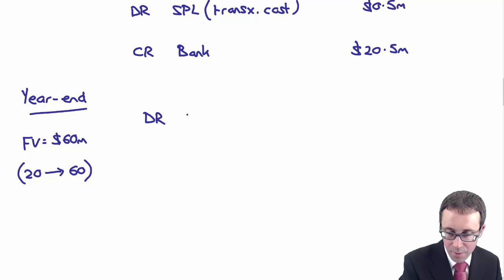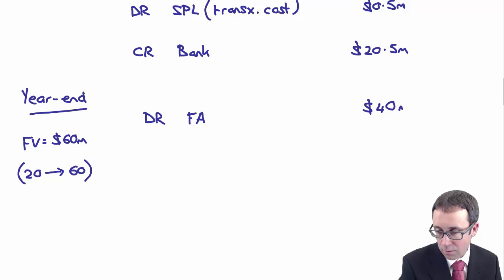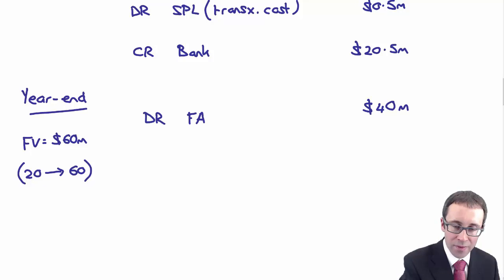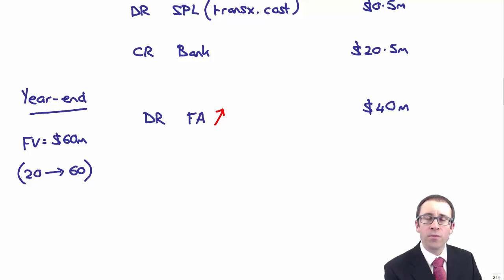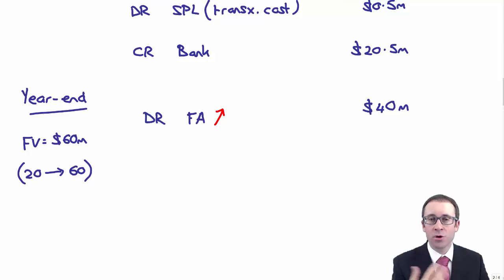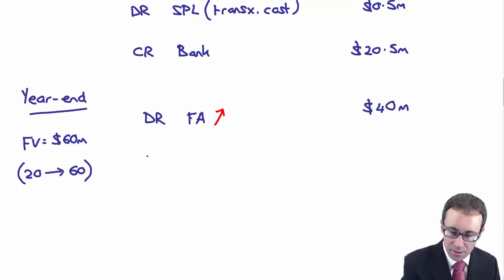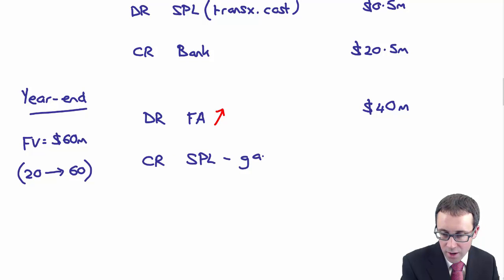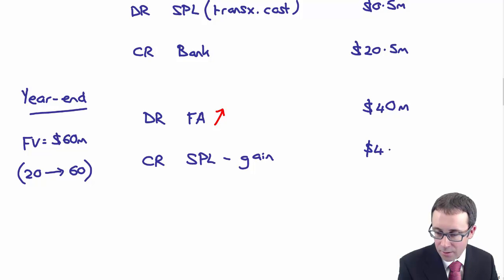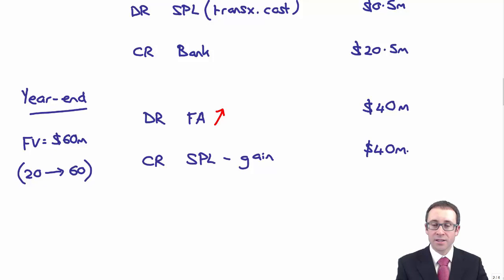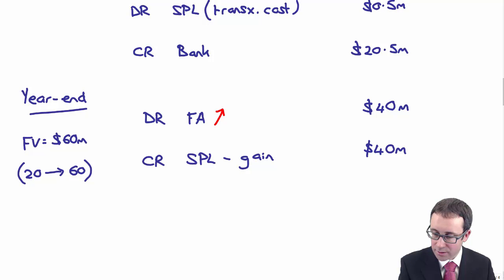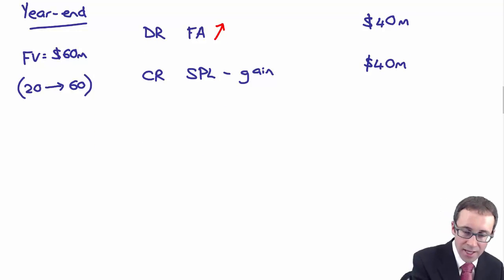So you will need to debit your financial asset with $40 million, because that debit increases the asset from the 20 to the 60. Whatever you do, don't debit it with 60, because it was already there at 20, wasn't it? The credit is there to the statement of profit or loss. Credits are good in profit or loss, so that there is your gain of 40 million, isn't it? Okay, excellent. So that's at year end.